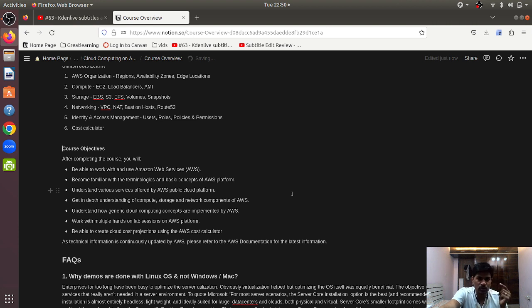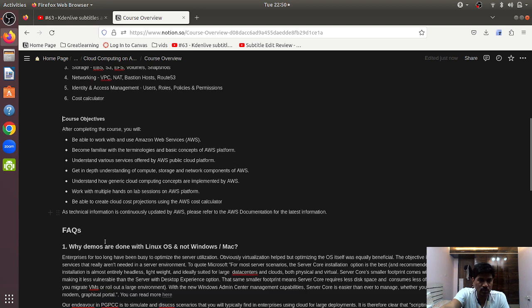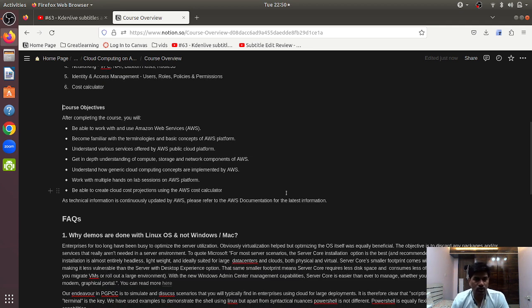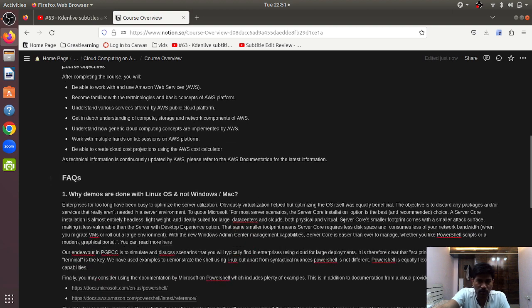Understand how generic cloud computing concepts are implemented by AWS. Work with multiple hands-on lab sessions on AWS platforms, and create cloud cost projections using the AWS cost calculator.